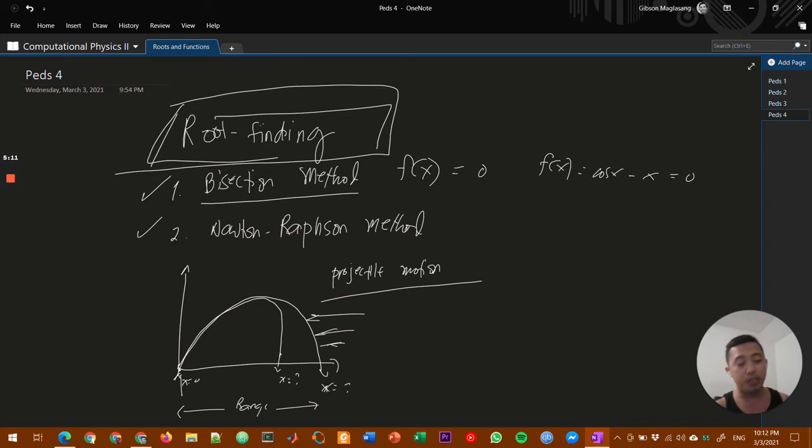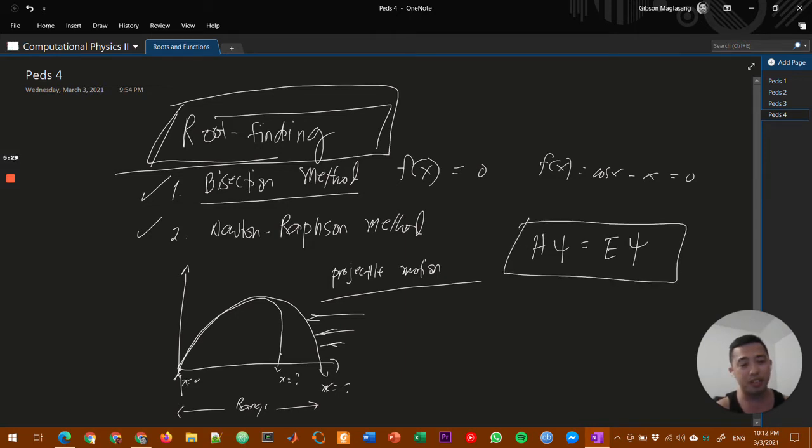And solving for the hydrogen atom is provided by this equation. You have H psi equals E psi. It's a very simple equation. This is the Schrodinger equation.